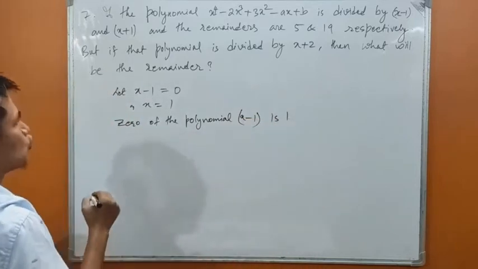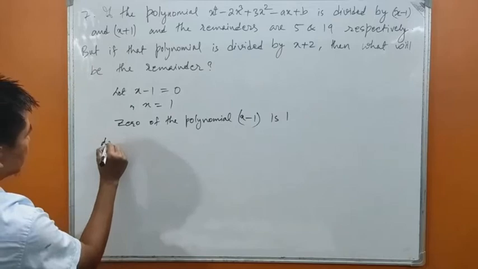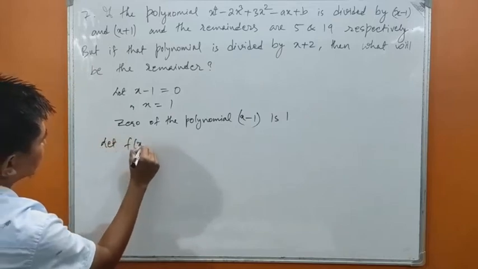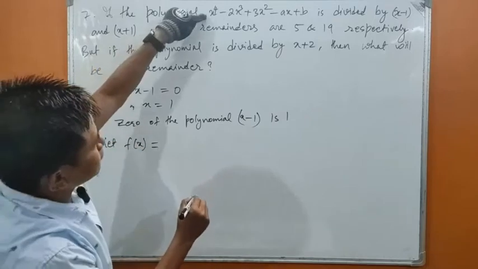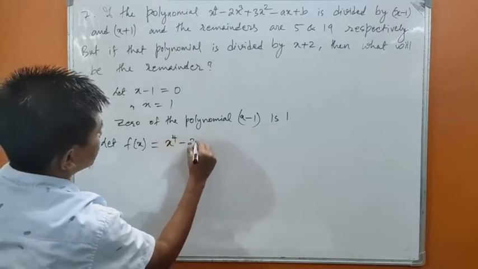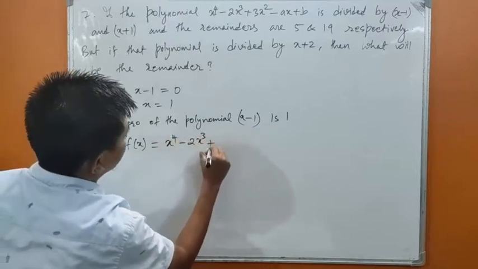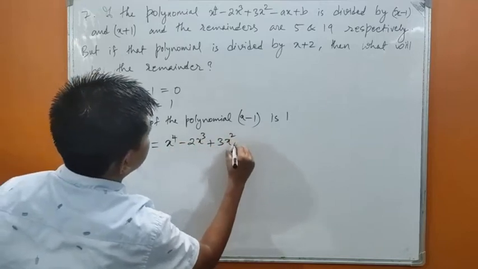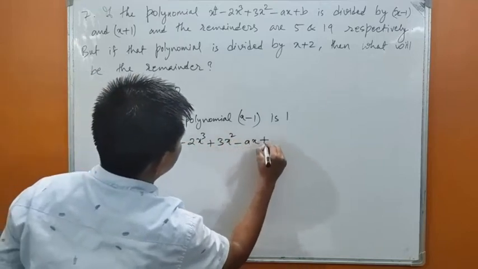So let f(x) equal x to the power 4 minus 2x cubed plus 3x squared minus ax plus b.